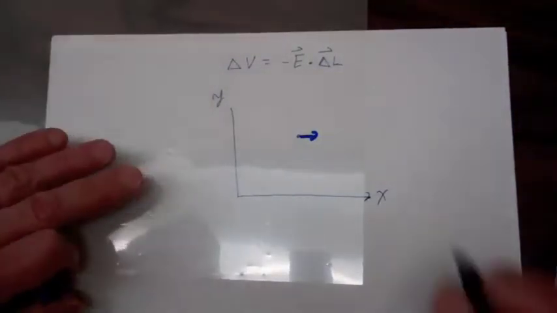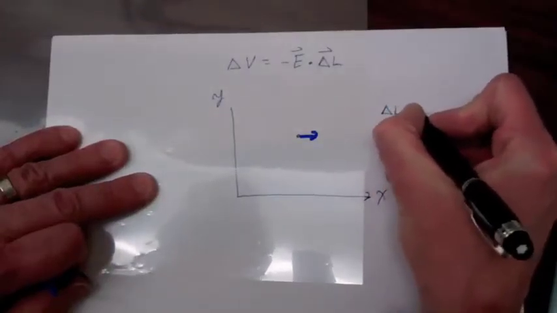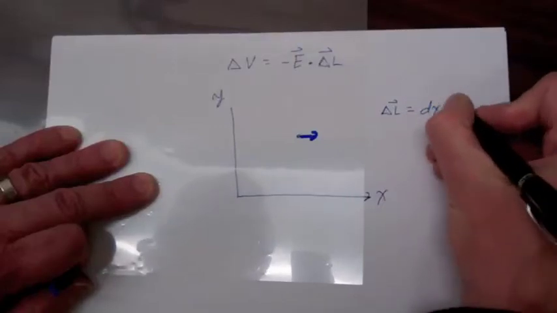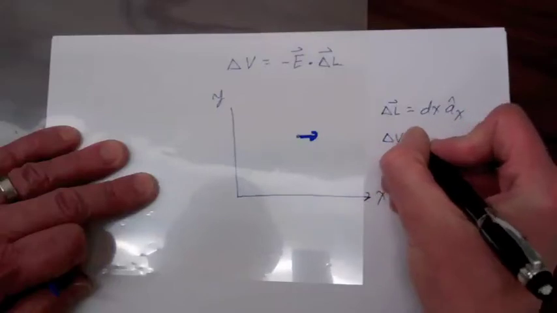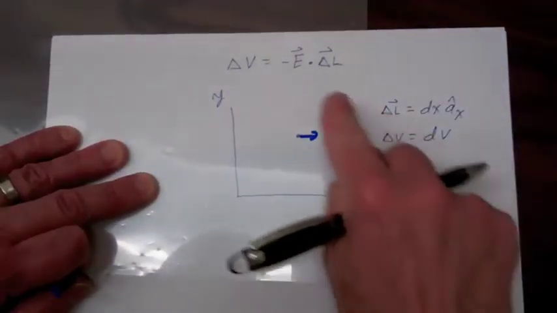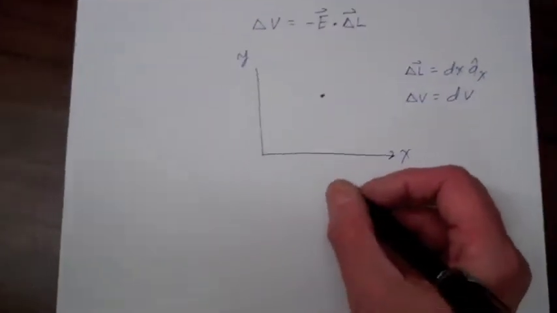So when I put my probe in like this, I can think of delta L as dx in the x direction. And I'll measure some voltage across it, which will essentially be dV. Let me put these two results in this equation up here.